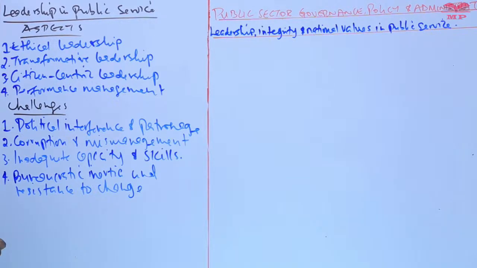Now, the Kenya public service is often characterized by bureaucratic inertia with resistance to change and innovation, and that hinders the implementation of reforms and the adoption of new technologies and practices that could improve service delivery. Bureaucratic inertia and resistance to change.